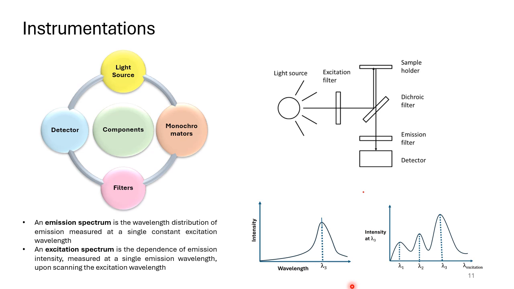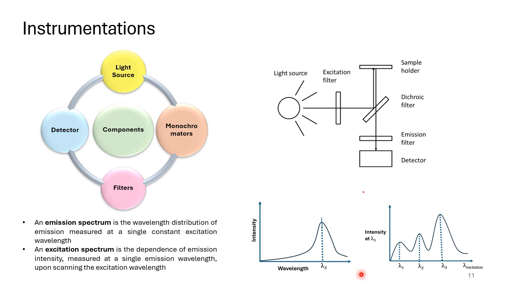When the light is absorbed, the molecules get excited, right? And after excitation, it comes back to the ground state. It can come to any vibrational energy level of the ground state, which we have already seen in the Jablonski diagram.